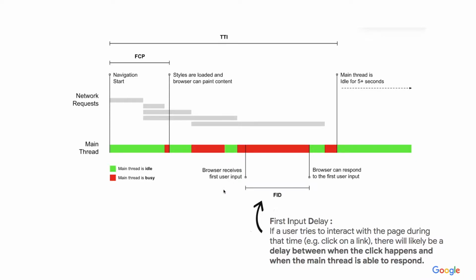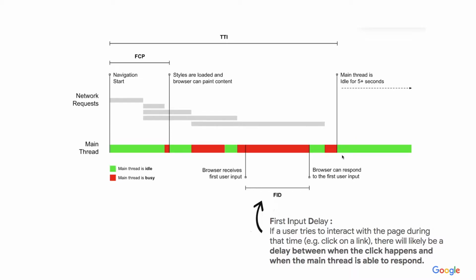We can see here the big red bar, an important activity on the main thread, and then after, idle time, but not enough, it's not 5 seconds. Then we have our main thread that is busy for a couple of seconds, and after we have 5 seconds of idle time. So here we have our time to first interactive.